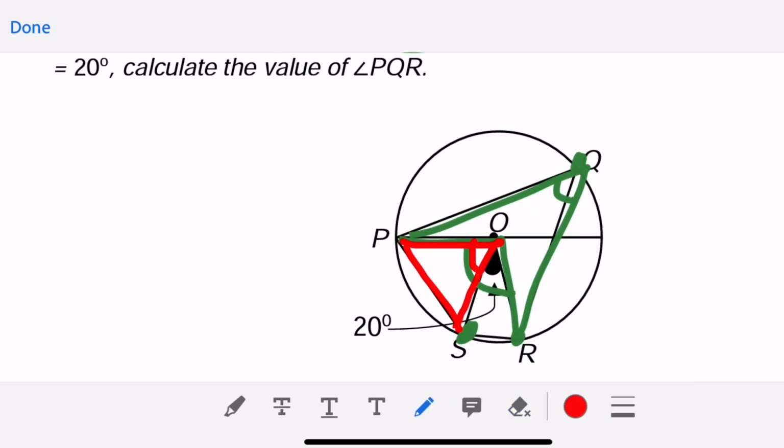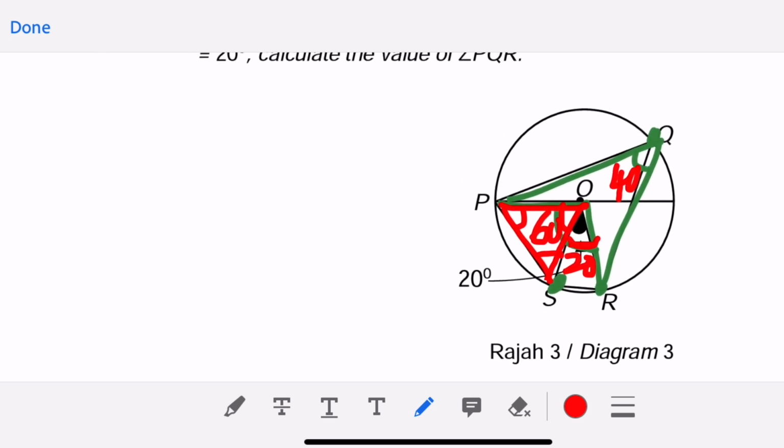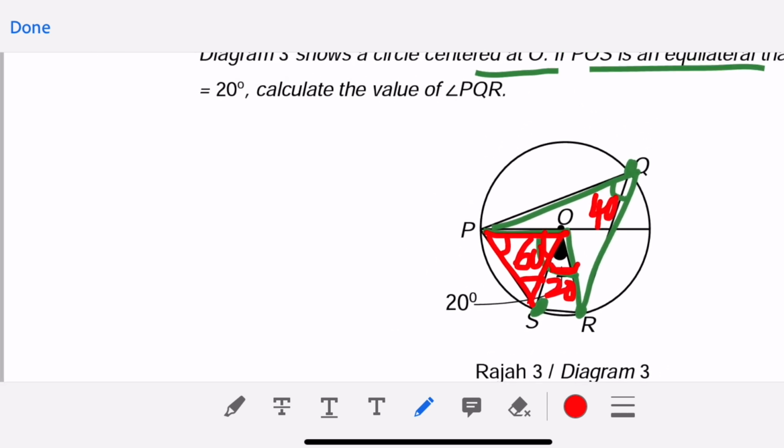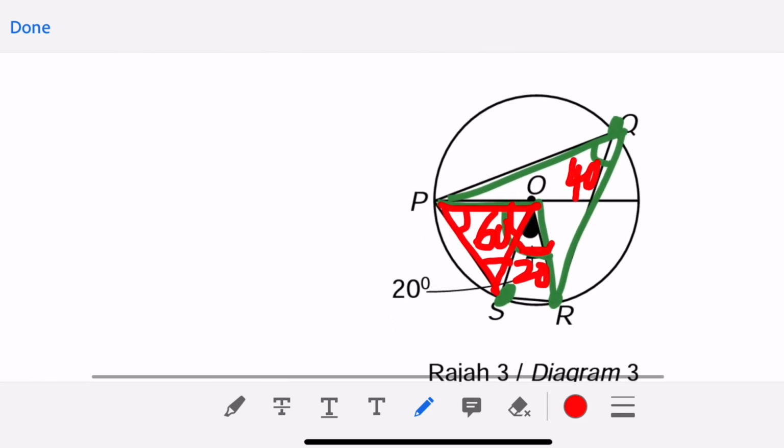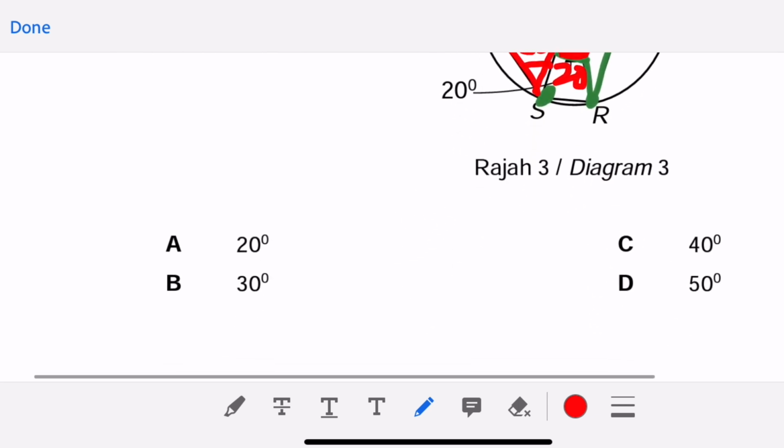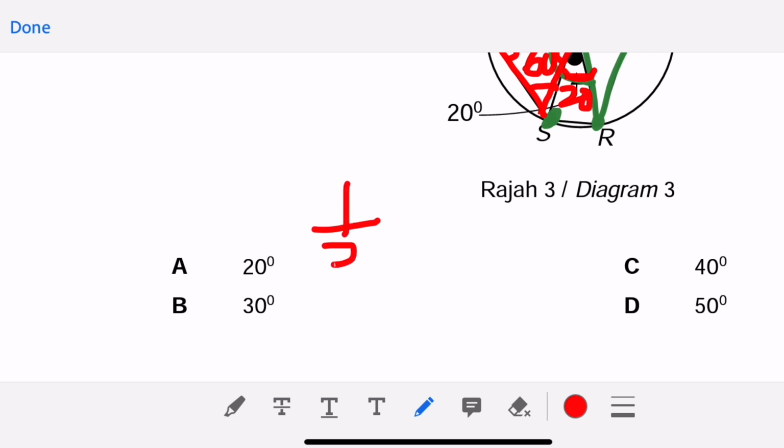That means here is 60, right? 60, 60. All the sides are the same. 60 plus the 20 here, so we have 80. So here will be 40, half of the angle at the center. So PQR will be half of the 80, which is 40.